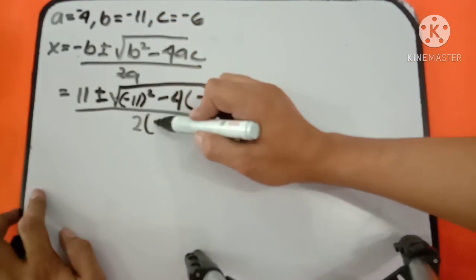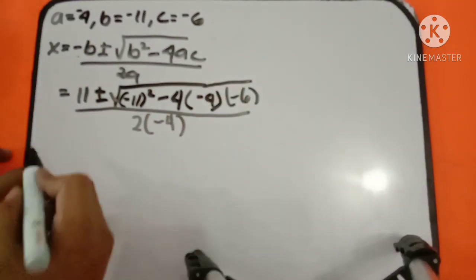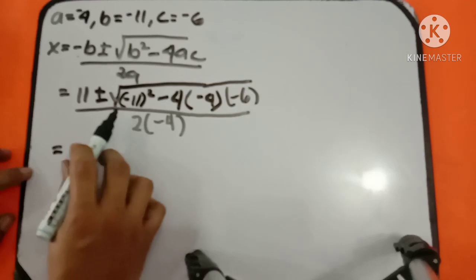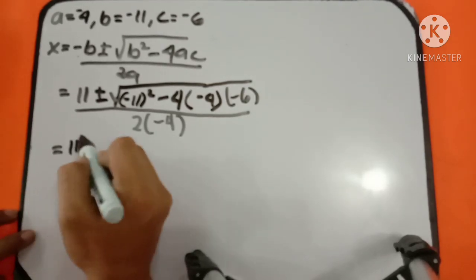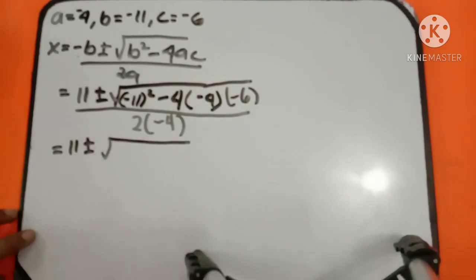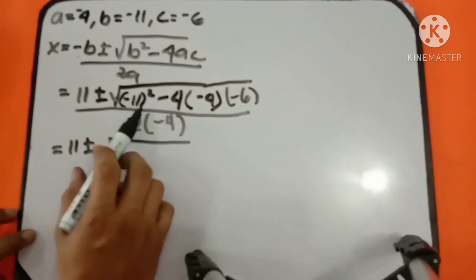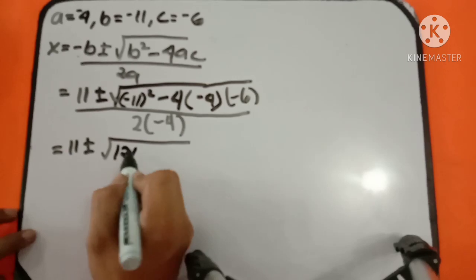Then our a is negative 4. So we evaluate first the terms inside the radical symbol. So we copy 11, positive, negative, then the radical. Negative 11 squared will give us 121.